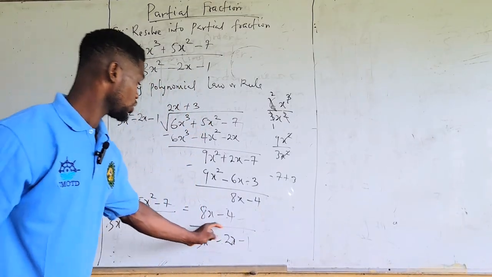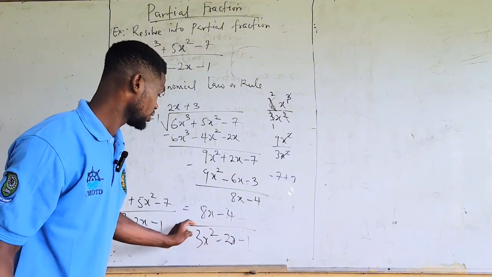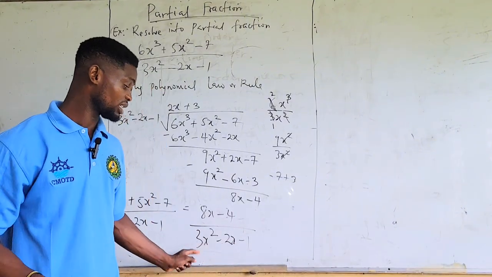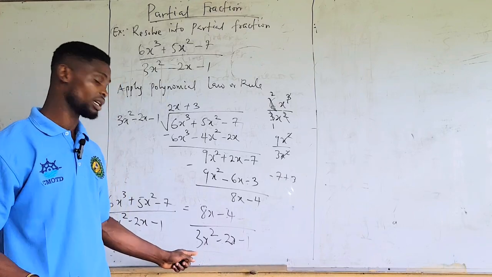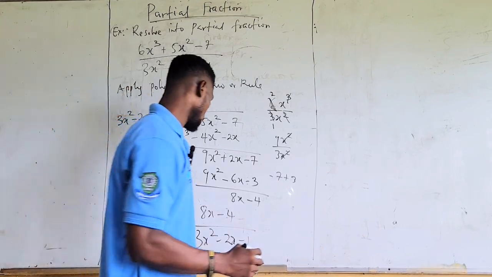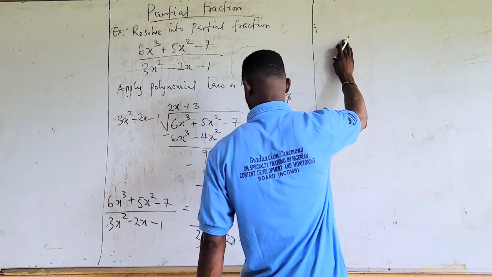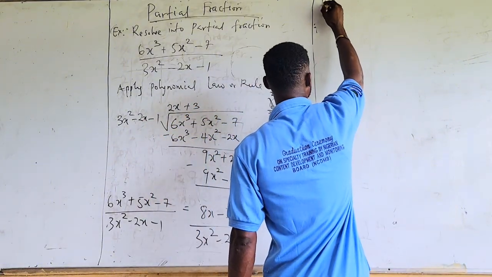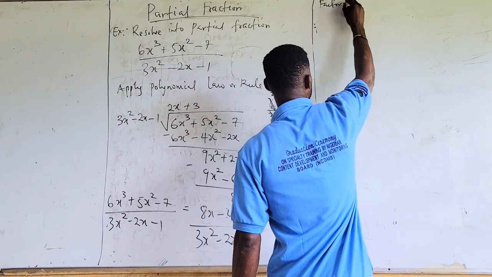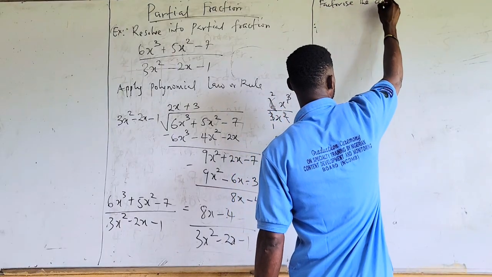Then we're going to resolve the denominator again. We're going to simplify this denominator. If you look at this denominator, it looks like a quadratic equation because it's a second-degree polynomial. So you resolve it, that is, factorize the denominator.